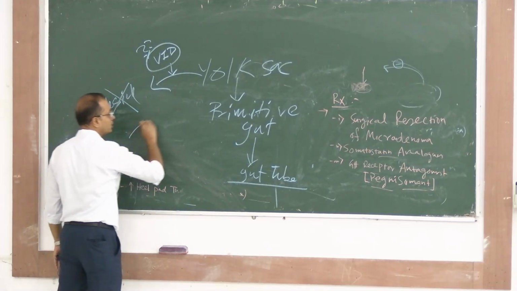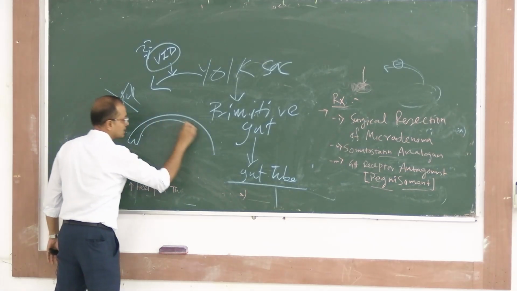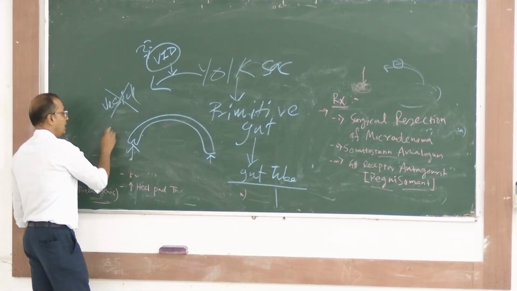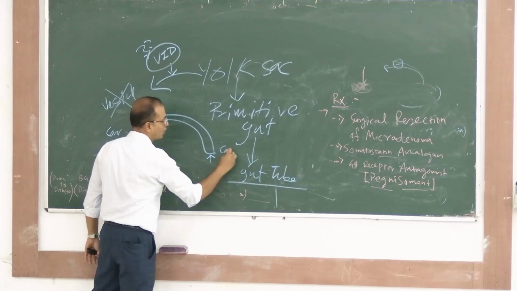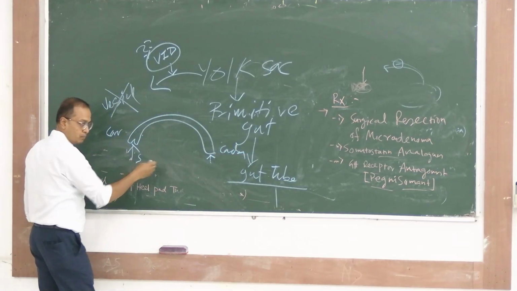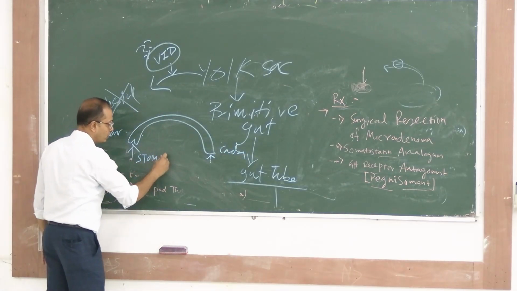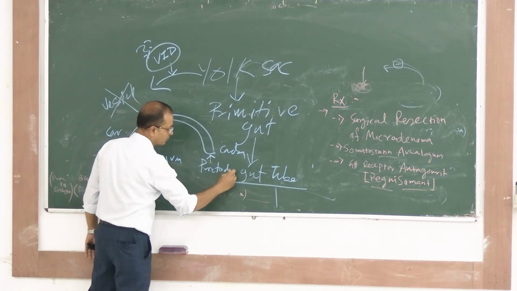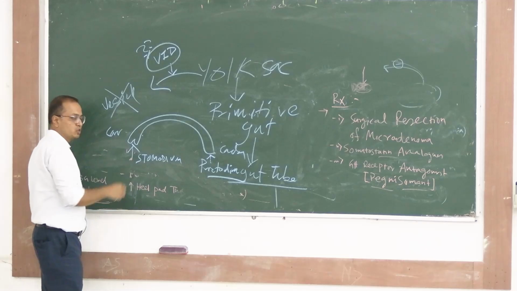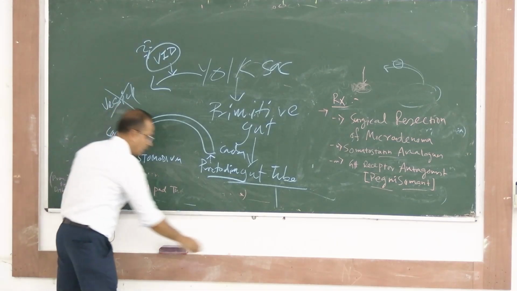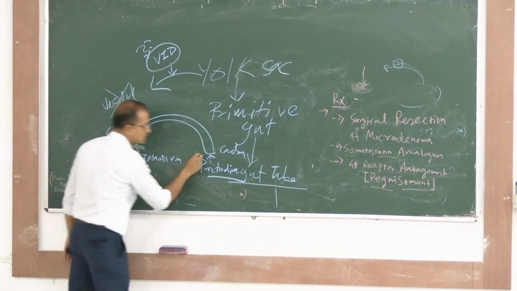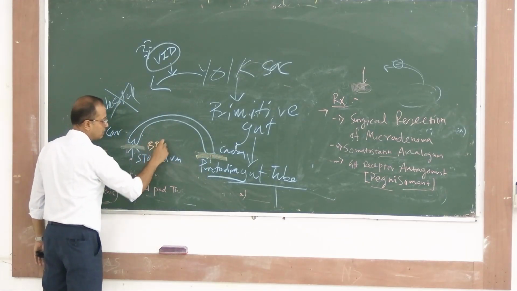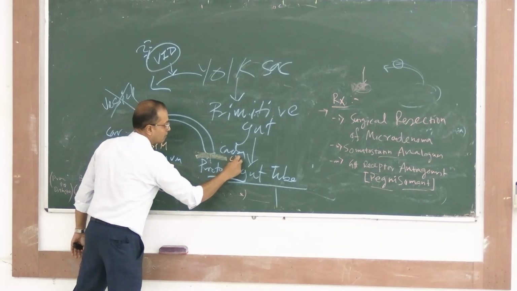Now, as this tube is present or going to form, it has a depression in the cranial end and caudal end. We call these depressions the stomodium and proctodium. This stomodium and proctodium have a membrane present, which we call the buccopharyngeal membrane and cloacal membrane.